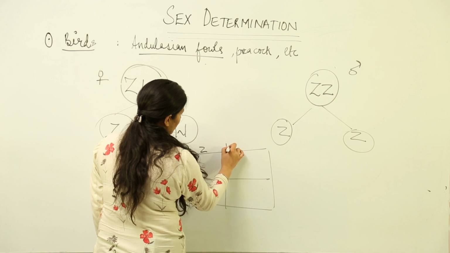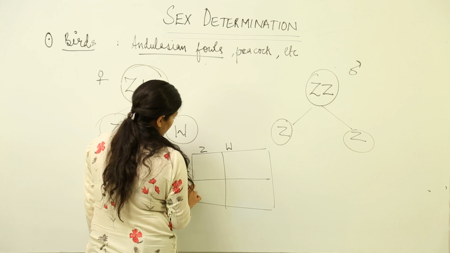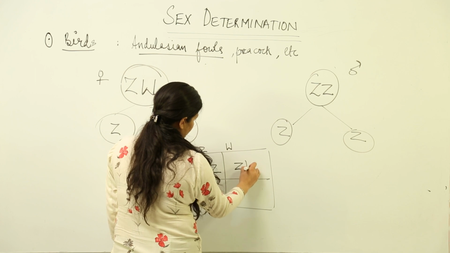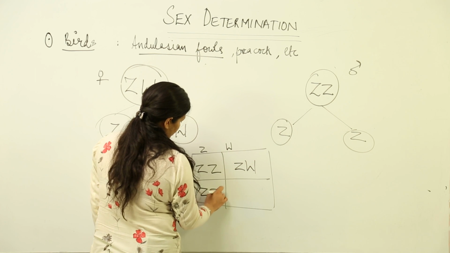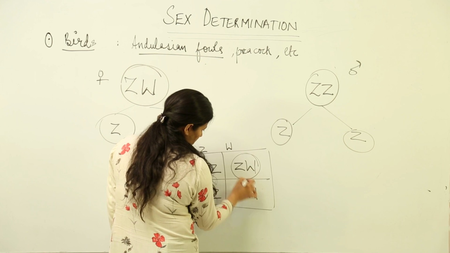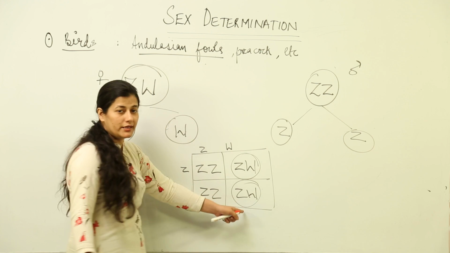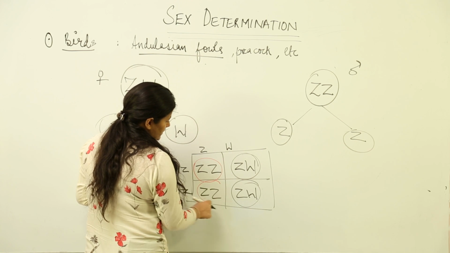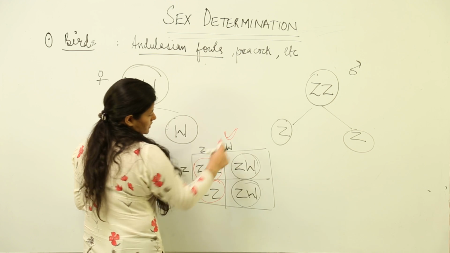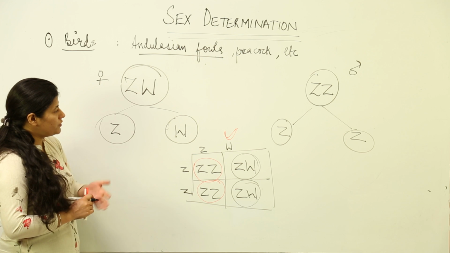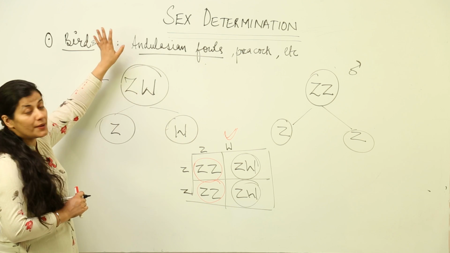You can very well make it out. So, these offspring are females and these are the male ones. Now, you see over here it is the gamete of the female which is deciding what the offspring type would be, and this is what we have in the case of birds.